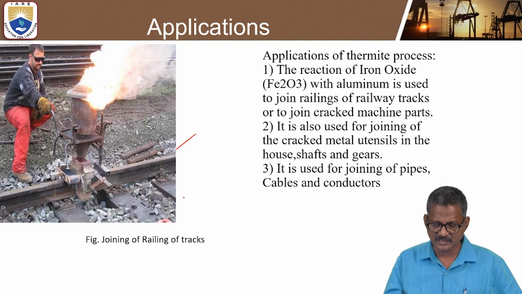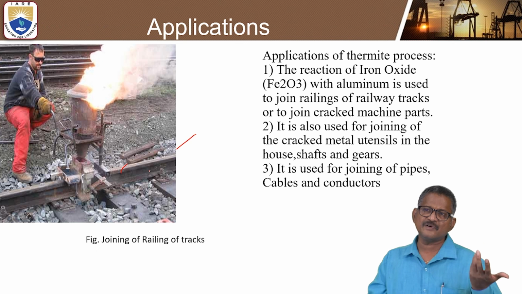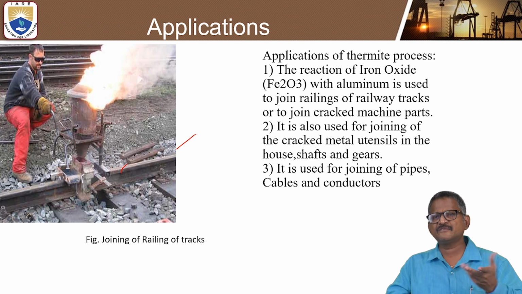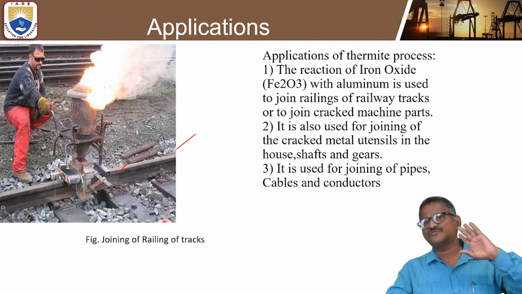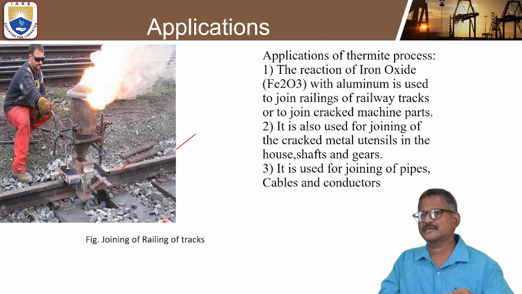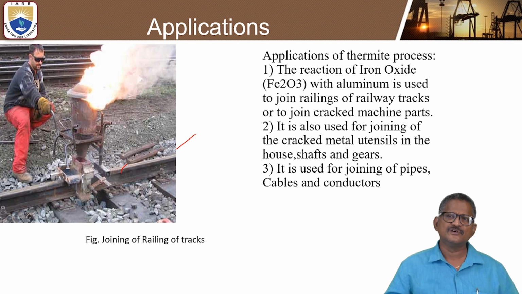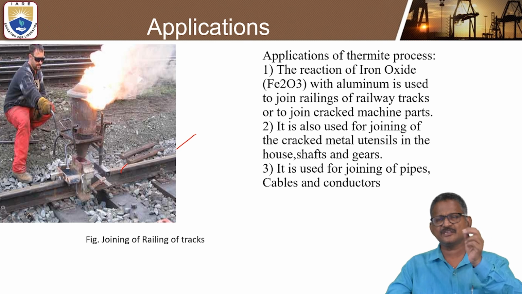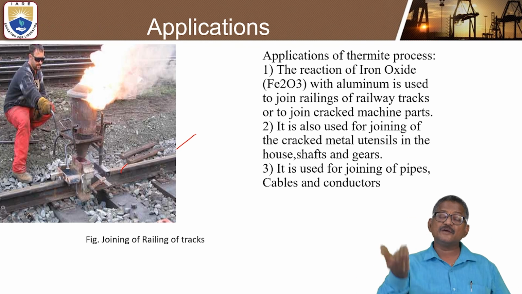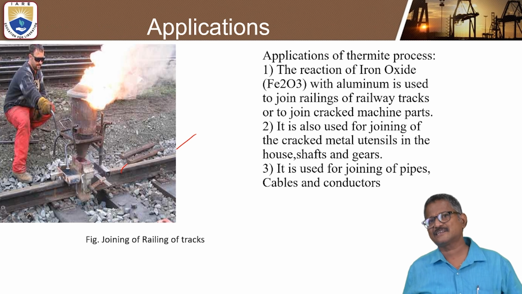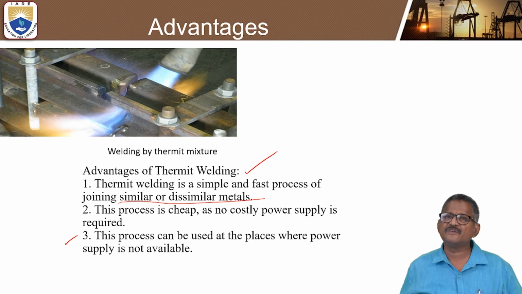This is how you can finish the rail section, and it is also widely used for joining cracked metal parts, and for joining utensils, household shafts, gates, etc. Last but not least, it is majorly used for the joining of pipes and cables, conductors, etc. Okay, so I hope the students can understand clearly about the thermite welding process.